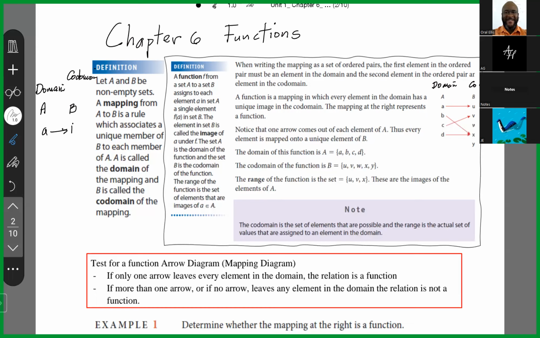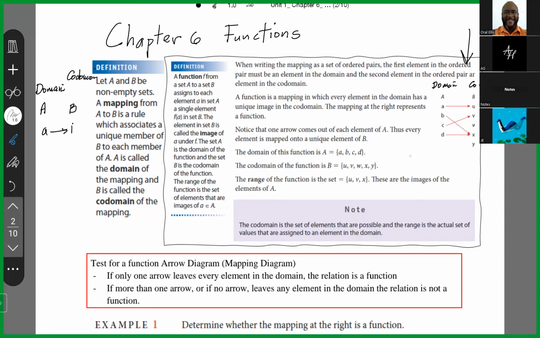Now, the diagram we're seeing to the right is a function. When writing the mapping as a set of ordered pairs, the first element in the ordered pair must be the element in the domain, and the second element in the ordered pair is the element in the codomain. For example, for the function over to the right here, I could write the elements of the function as a set of ordered pairs.